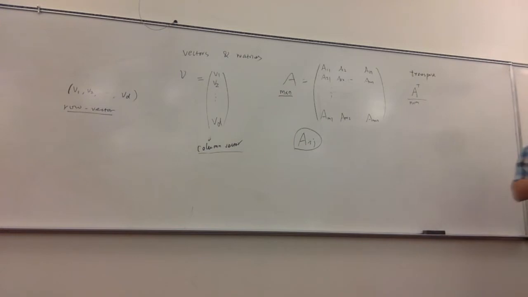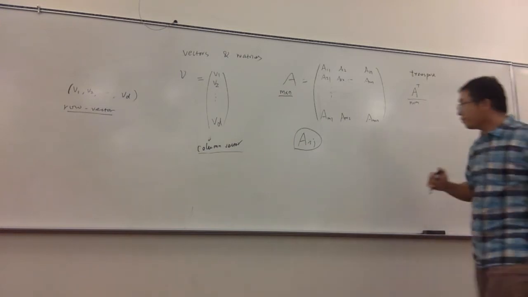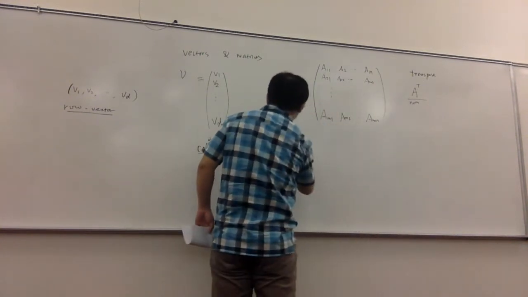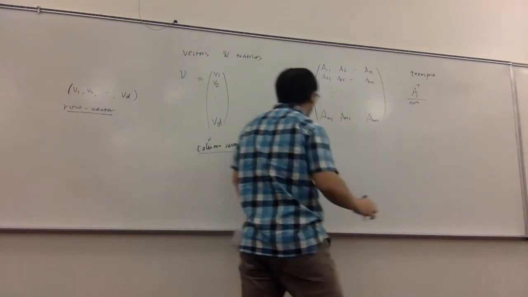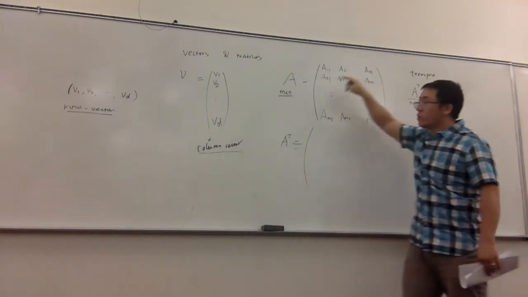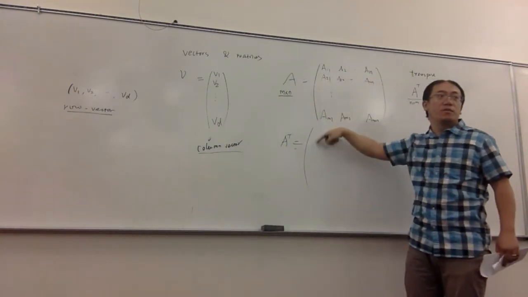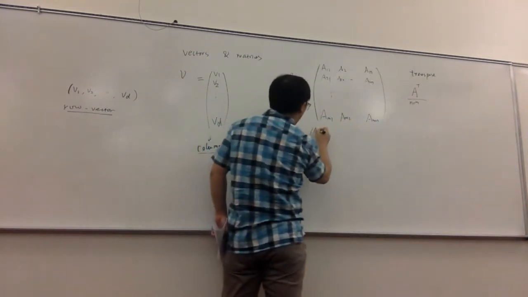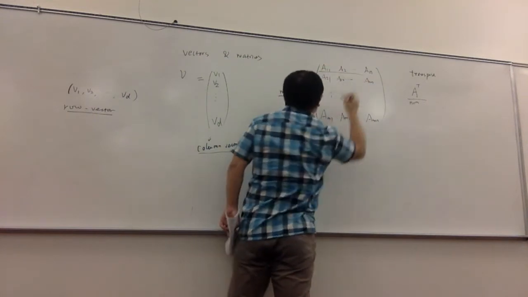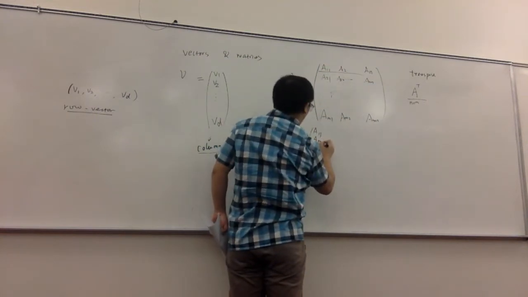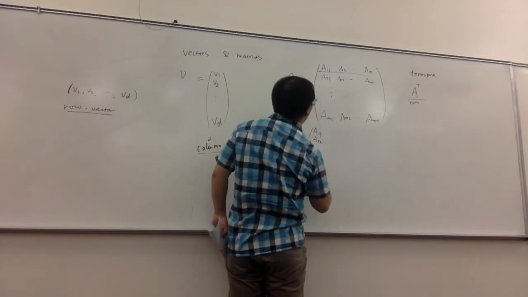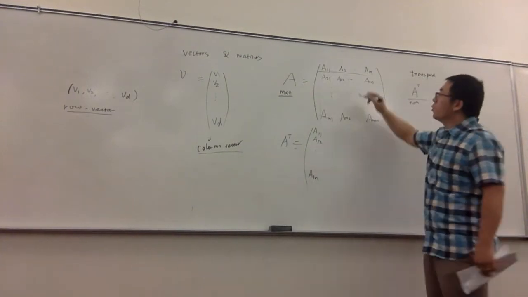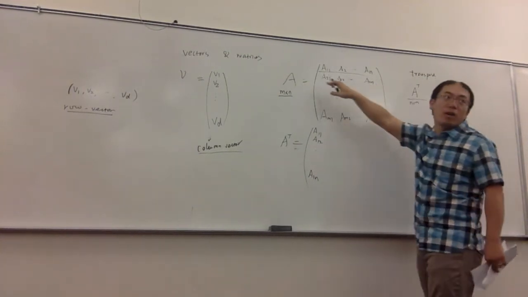Yeah. So in its transpose, we just put the first row in our original matrix as the first column in the transpose. Right? So the first column in A transpose would be A11, A12, and A1n, because it corresponds to the first row. And the second column in A transpose would be the second row of A, right?